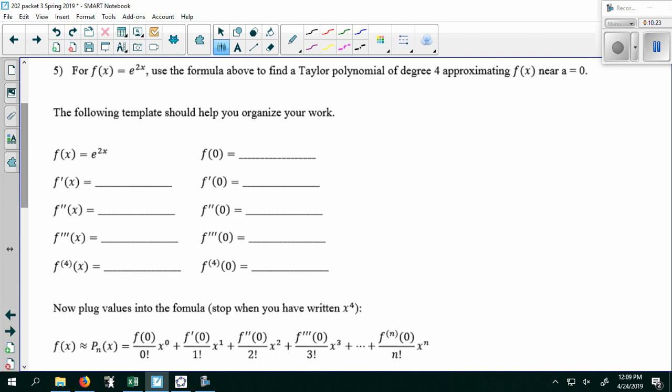If I want a 4th degree polynomial, I need 4 derivatives, so I start by taking all 4 derivatives of f. And then I plug 0 into all of them, so I get 1, 2, 4, 8, 16.